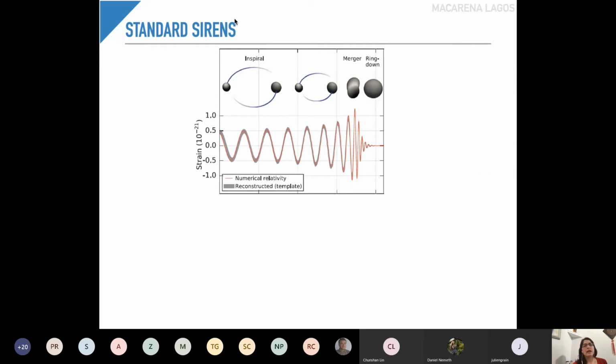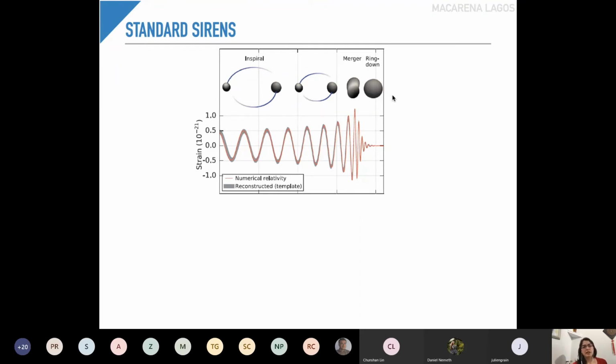Here's where these names, standard sirens, come into place. When we have this binary system of compact objects, they have different stages. At the beginning, they are far away, but in spiraling into each other, losing energy in the form of gravitational waves and getting closer until they eventually merge. And after they merge, they form a new single compact object that stabilizes, also emitting additional gravitational waves.